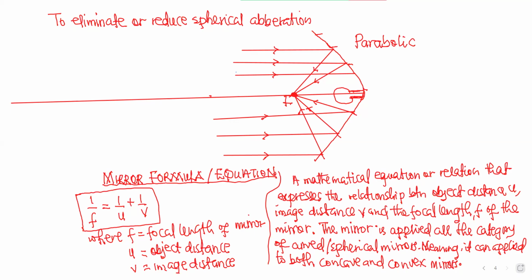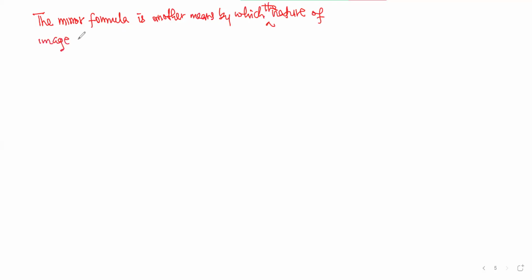Okay, yes, sir. So it is also an alternate way. The mirror formula is another means by which the nature of image formed by spherical mirrors can be described.